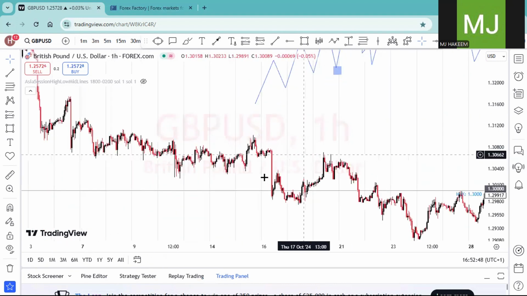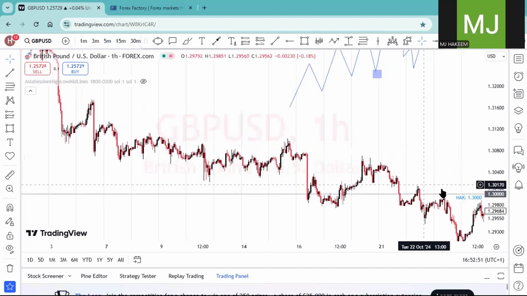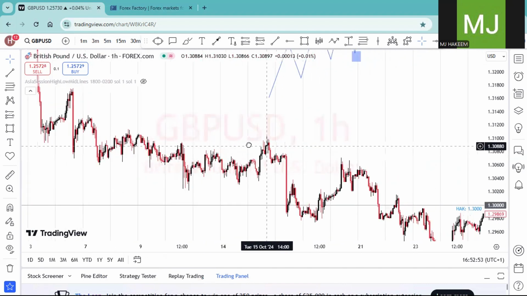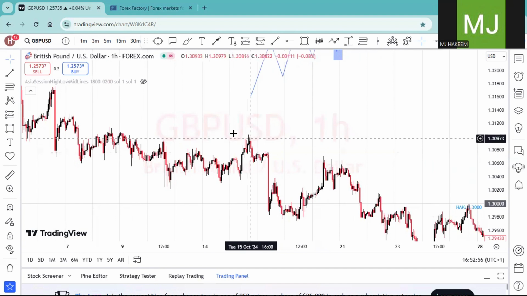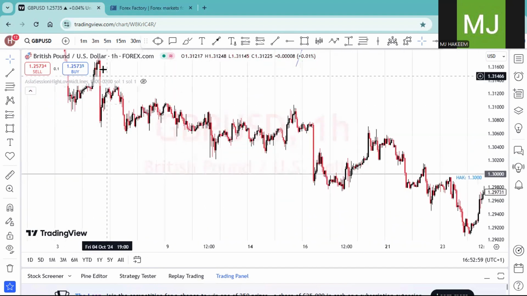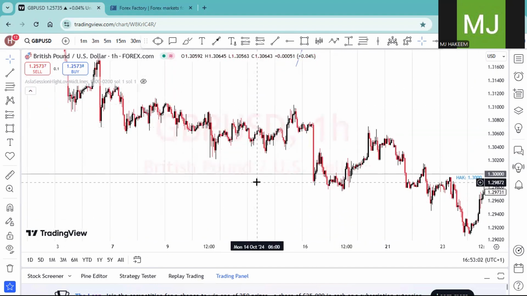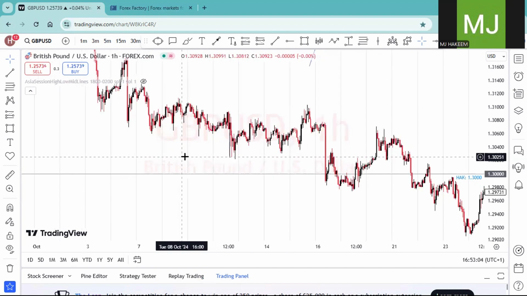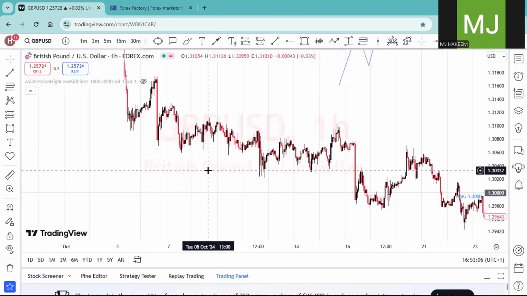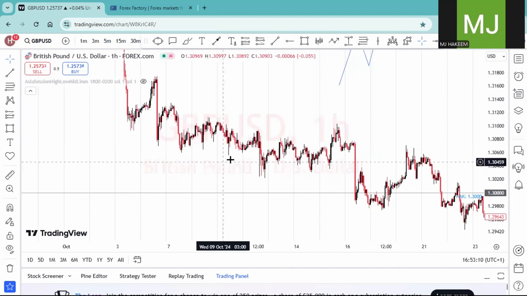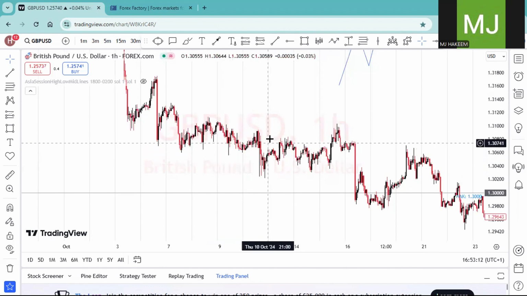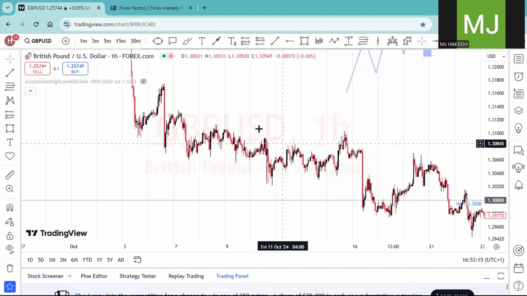Now, if I ask what the market is doing, you would say the market is going down. But if I ask you to mark the real lower lows and lower highs, can you? Probably some of you will, while some of you will not.